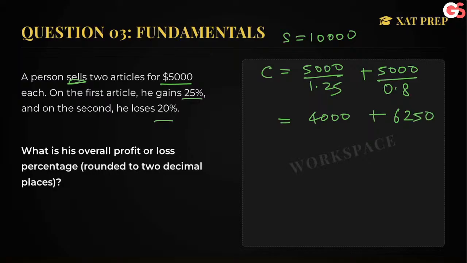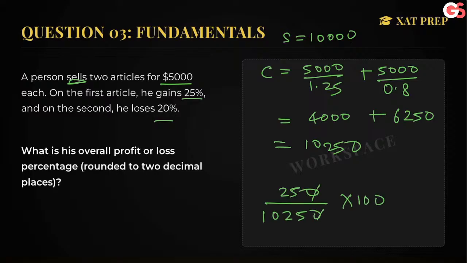That comes out to be 10,250. Is that right? Okay, cool. Is my calculation correct? So he has made a loss of 250 rupees on a cost price of 10,250, into 100. You can calculate it really quick. 25 ones are 25, 25 40 ones are 1/41 into 100. That'll be how much?